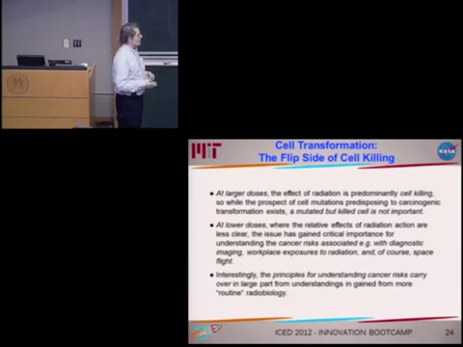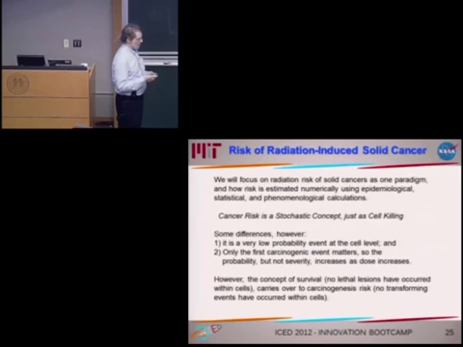But fortunately, what we've learned here does have a lot of application to the problem of risk. So what I'm going to talk about here is radiation risk of solid cancers as one paradigm, realizing that, again, there are multiple endpoints to be concerned about in radiation risk, and discuss some of the epidemiological, statistical, and phenomenological calculations that go into measuring it.